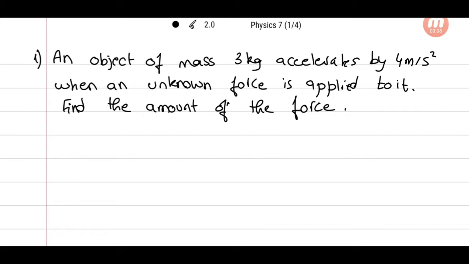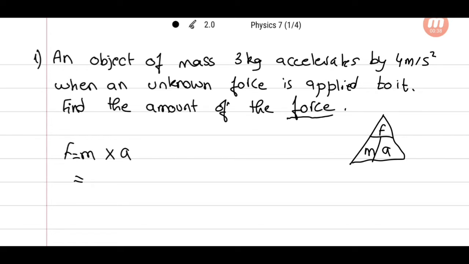An object of mass 3 kilograms accelerates by 4 meters per second squared when an unknown force is applied to it. Find the amount of the force. So I need to find the force. I know that force is equal to mass times acceleration, which is Newton's second law.